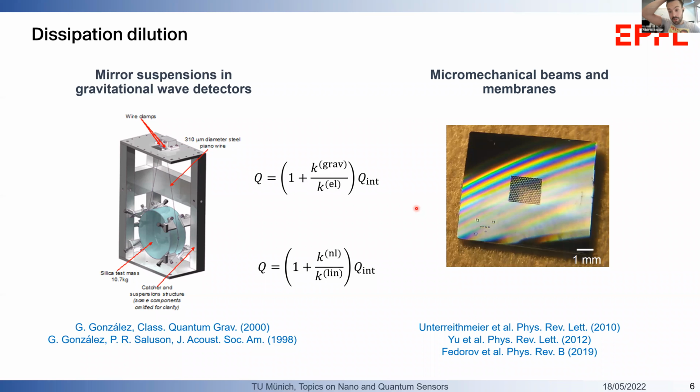The same phenomenon was later, let's say one decade later, discovered and understood to set the dissipation properties of high aspect ratio mechanical oscillators fabricated out of strained thin film materials, where the strain can be pretty naturally obtained by the growth or synthesis properties of thin films.